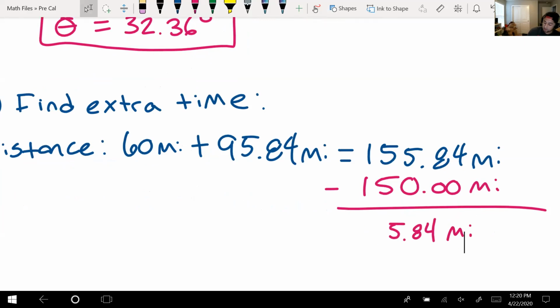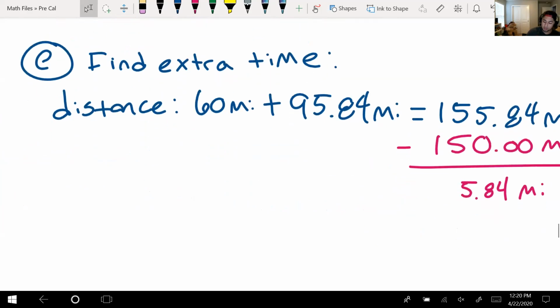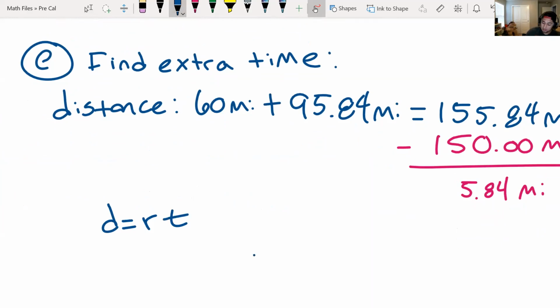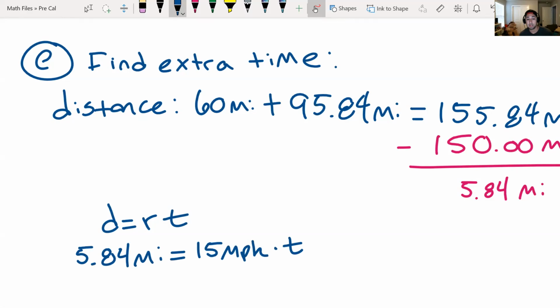Now, how much time does that add? Well, since we're looking for time, we now use the distance formula. Distance equals rate times time. And the distance we have to go extra is 5.84 miles. We're going at a rate of 15 miles per hour, and we're looking for time.